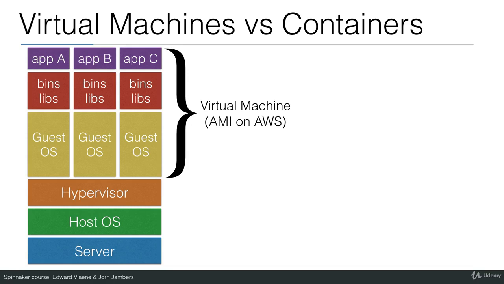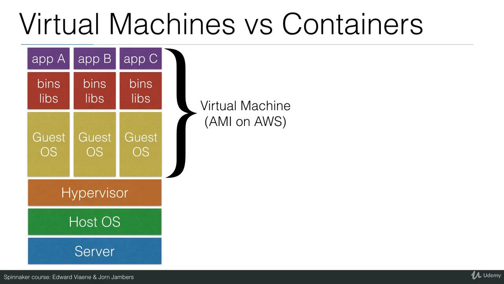What we did in previous lectures is package our application in a Debian package, then bake an AMI, bundling the guest operating system with the binaries, the libraries, and the application. Spinnaker can then launch one or more EC2 instances based on that AMI. So in this example, we have 3 AMIs running on a hypervisor.